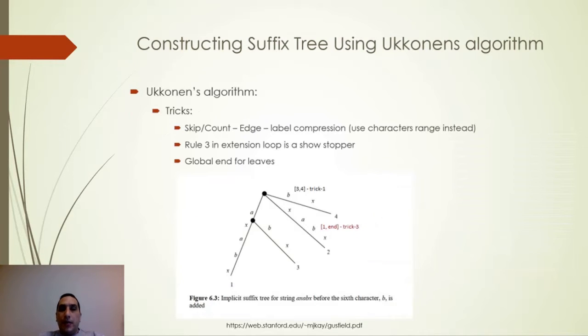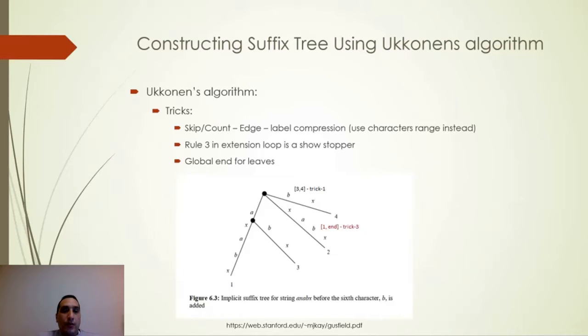Okay, now we're going to talk about the tricks Ukkonen's algorithm follows to make the algorithm faster. First trick is the skip count edge label compression. The idea behind this trick is that instead of matching path characters one by one on the edge, we can check if the number of characters on the edge is less than the number of characters that we need to travel. If so, we can jump right to the next node instead.